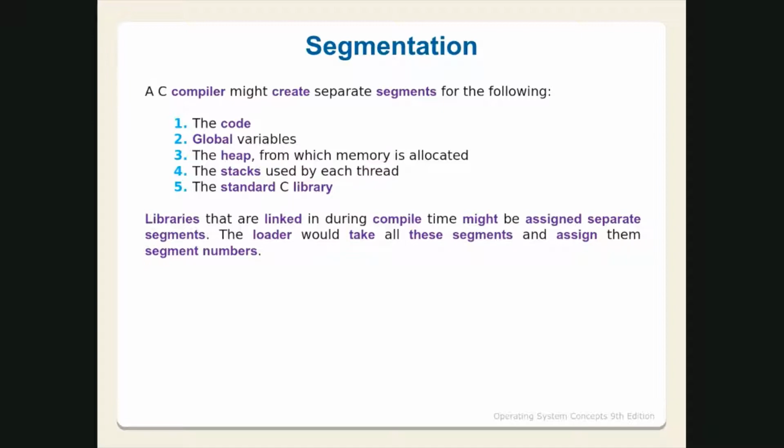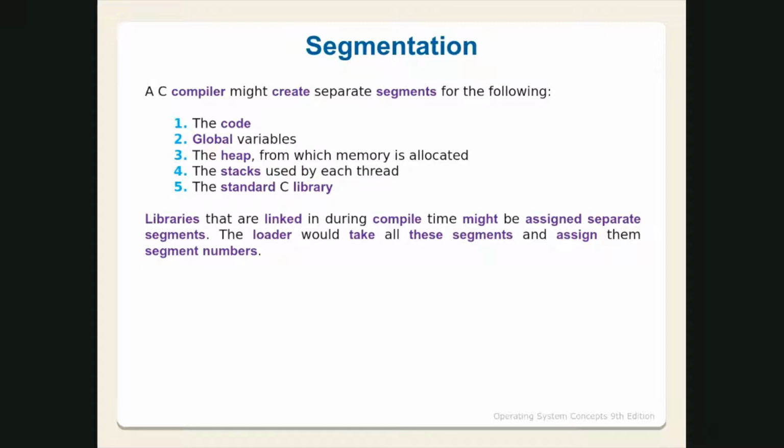Segment for the library, segment for the stack, segment for the heap, etc. So these libraries that are linked during the compilation time may be assigned different segments. And the loader would take all these segments and assign them a number. So that's the idea.